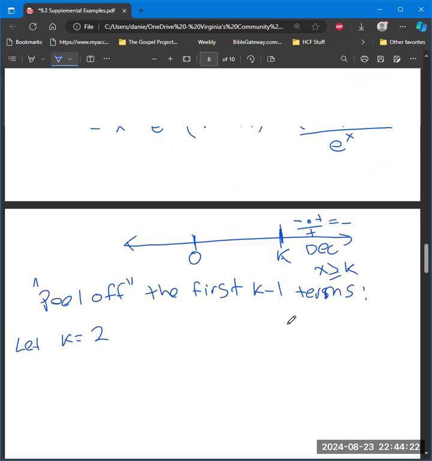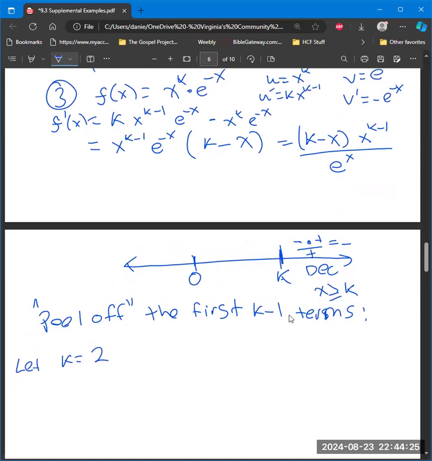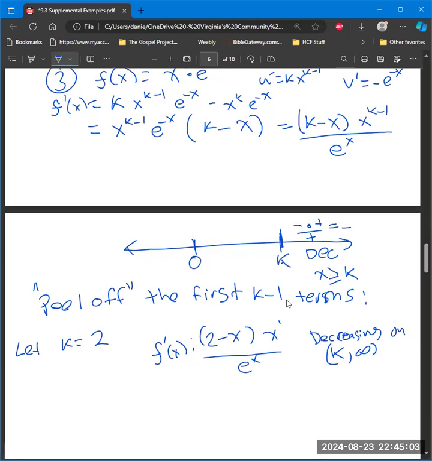So I'm going to look here and say, all right, if k is 2, then I'm dealing with a derivative of x to the 2 minus x. X to the 2 minus 1 is 1 over e to the x. This is my f prime of x when k is 2. All right, so that would be decreasing on the interval k to infinity there, in this case from 2 to infinity.